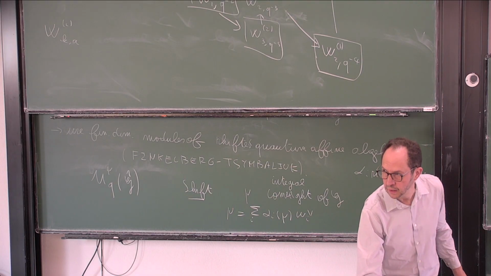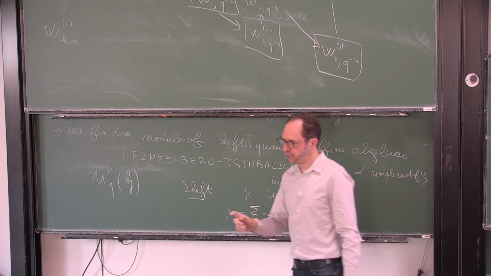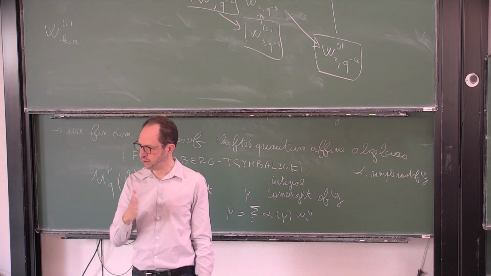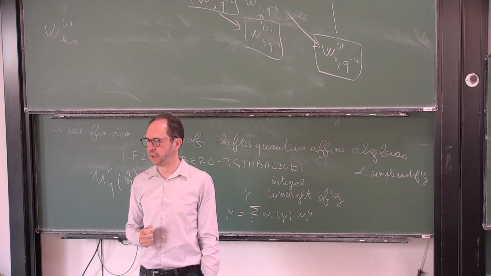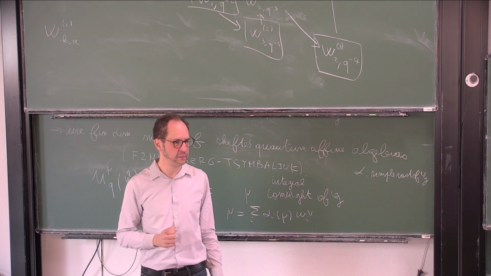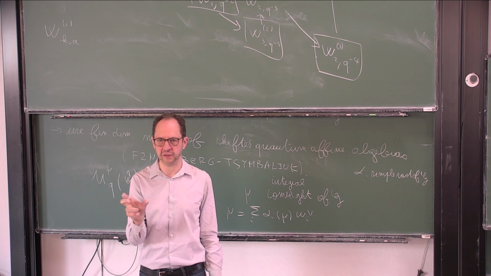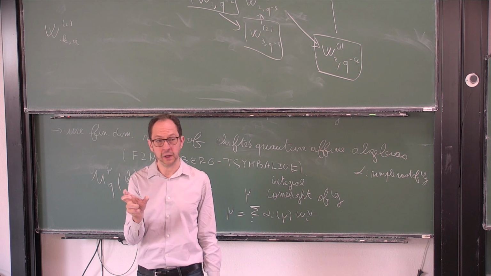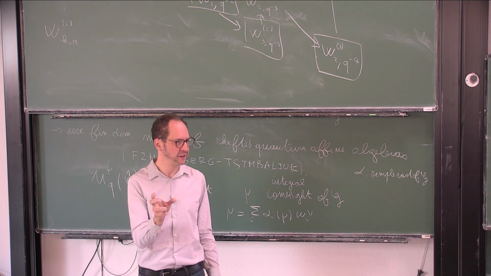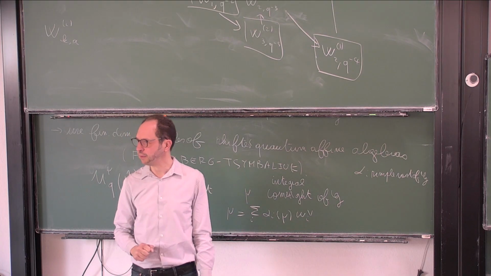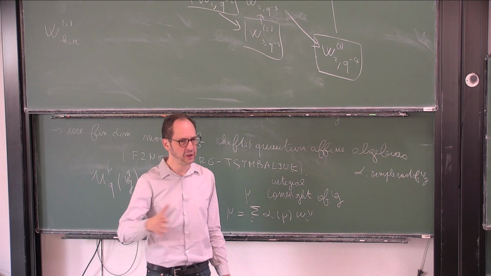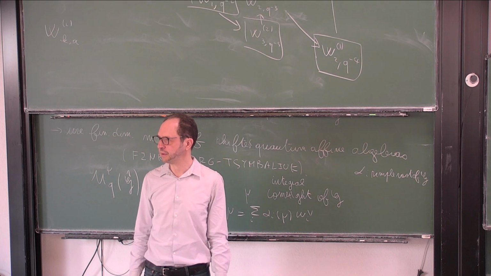Opposite shift on the phi plus? You can do both on plus and minus, then you have two shifts. But in fact, one of the results of Finkelberg and Tsymbaliuk is that, up to isomorphism, the algebra depends only on the difference of the two shifts. So I will just take one and I will not shift the positive current.